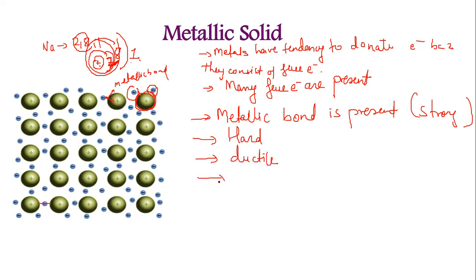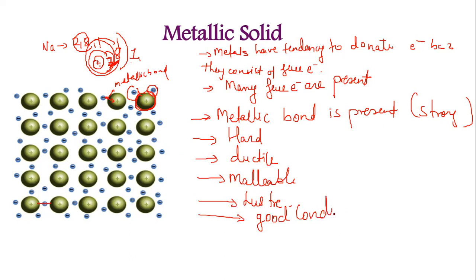They are ductile and malleable. And among all solids, only metallic solid conducts electricity. It is a good conductor of electricity. Now why is it a good conductor? Because it has many free electrons, and those electrons move from one place to another and conduct electricity. Examples you can take are sodium, calcium, magnesium, cadmium.